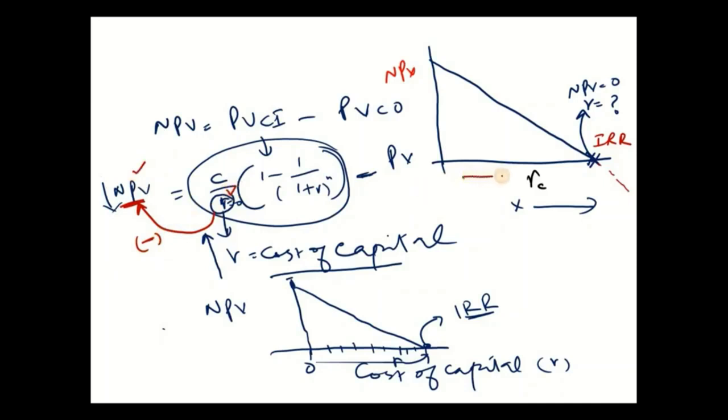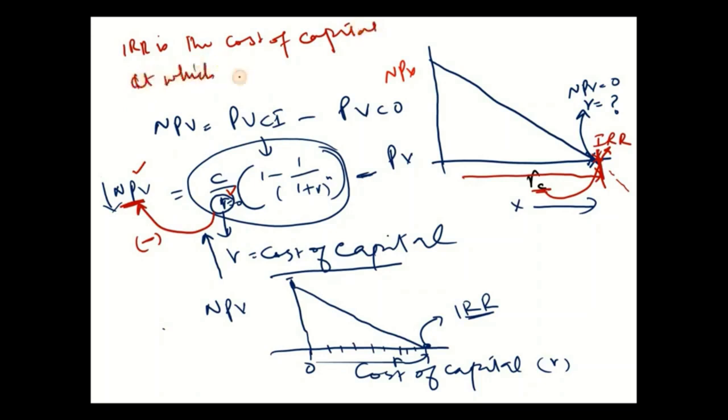IRR is the cost of capital at which your NPV is 0. Remember, this is not different.